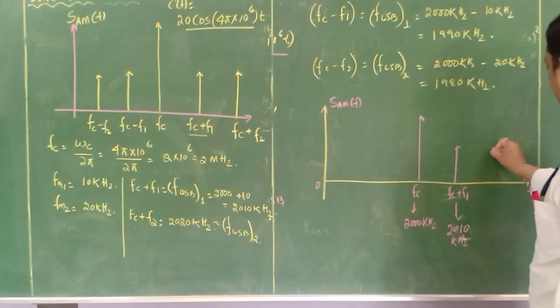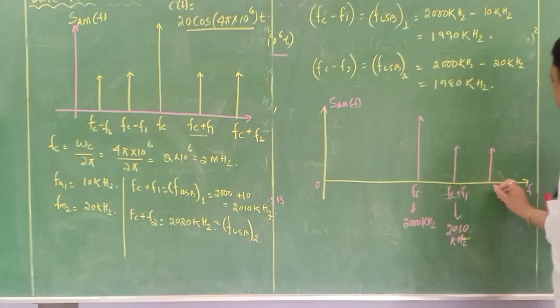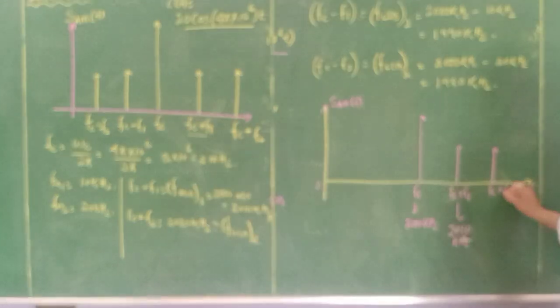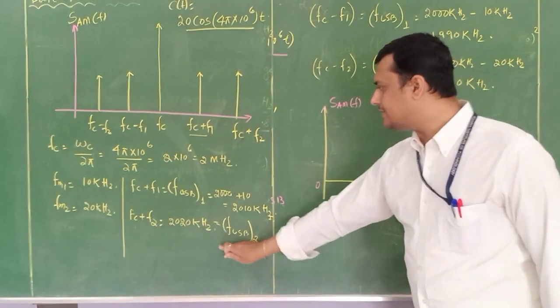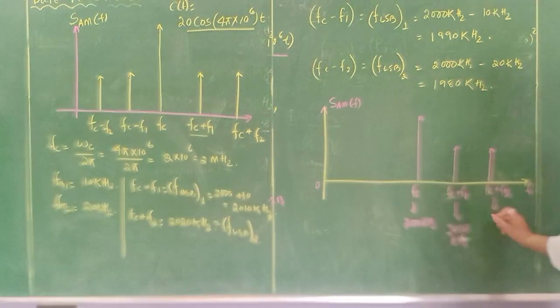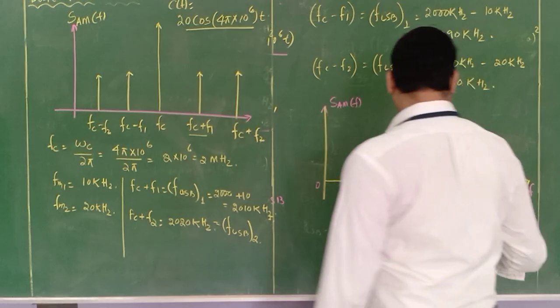Then another USB, for the second modulating signal, Fc plus F2, which is equal to 2020 kilohertz. So these are the upper sidebands.